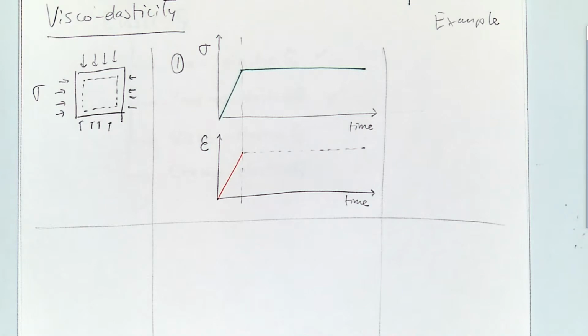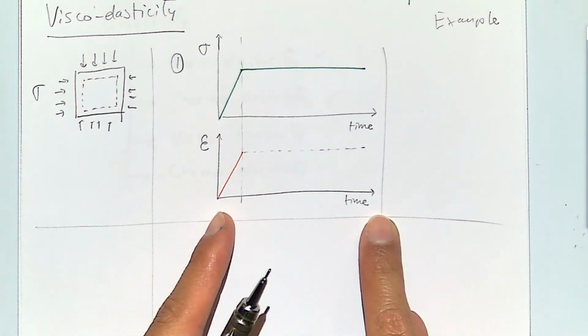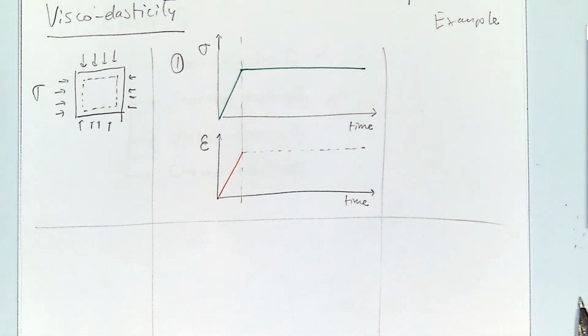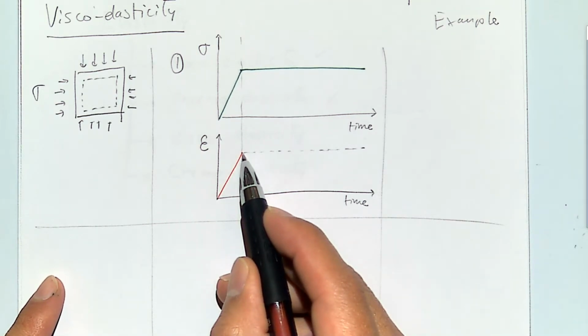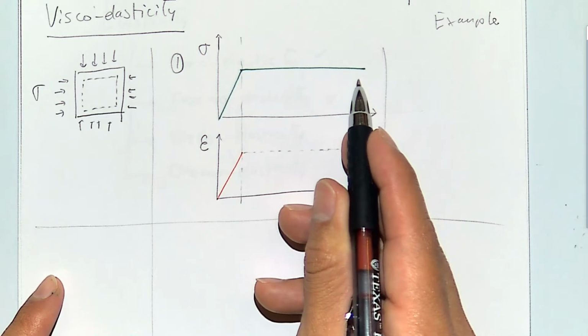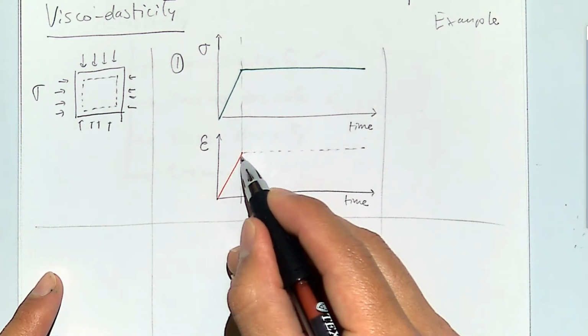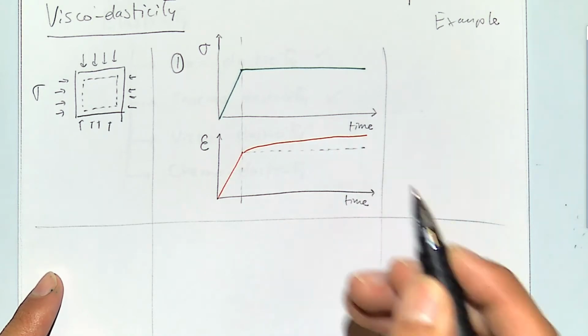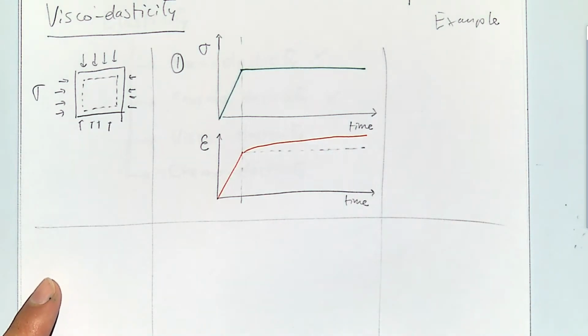So most materials, I would say all materials, depending just on time, are going to tend to creep, which means that this strain is going to keep increasing. If you keep the stress constant, the strain is going to keep increasing and it's going to go into an asymptotic trend.